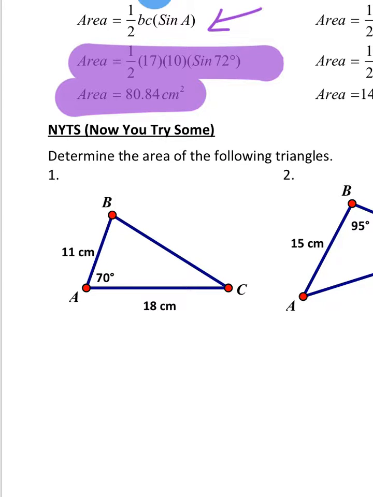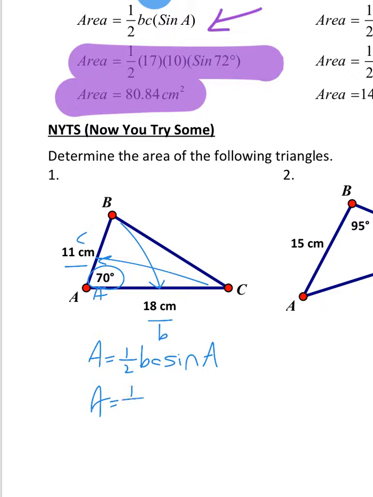So for this first example, if you'd like to see me talk through it, it's going to be pretty quick. We have two sides. We have an included angle. This is angle A. We have side lowercase b and side lowercase c. So if I'm going to really go over the top with my setup, I'd have area equals 1/2 b and c times the sine of included angle A. Area then equals 1/2.